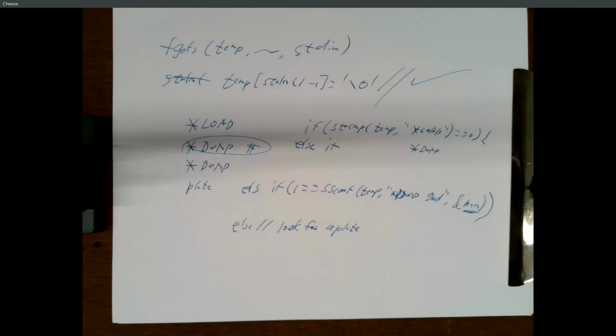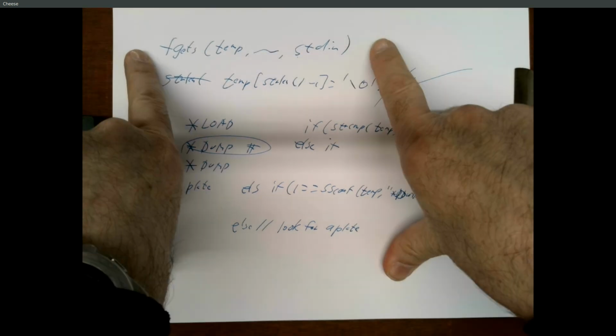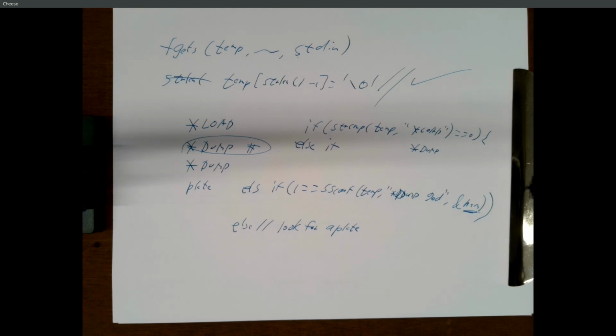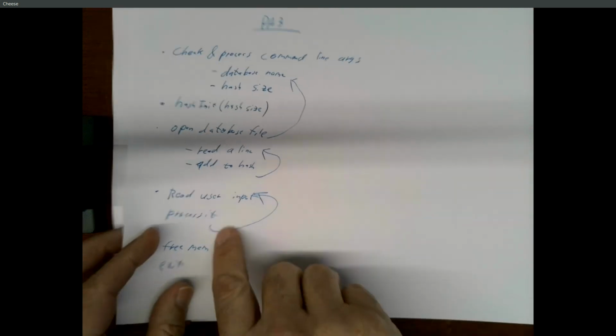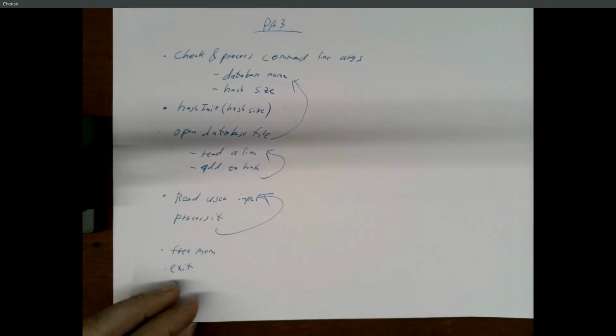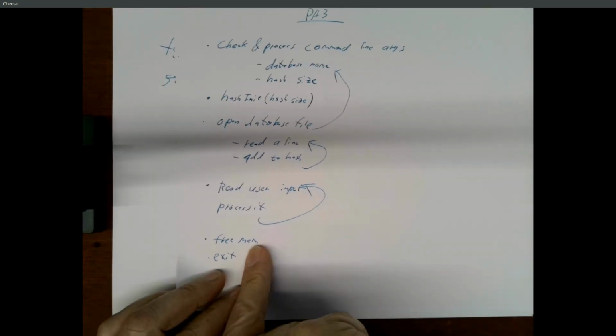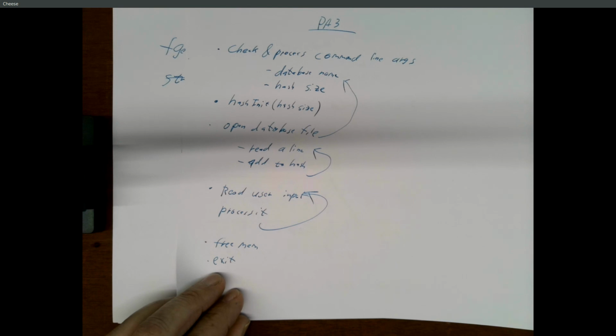If it returns a 0, say it's not found. Put that in a while loop while fgets is not null, and you've got your iteration where you're reading user input and processing it. When you kick out of that while loop because fgets returned null, call your free function and return. You're done.